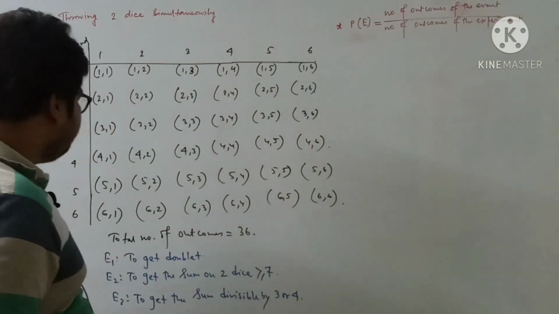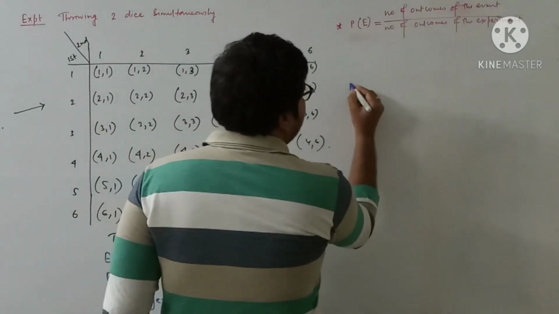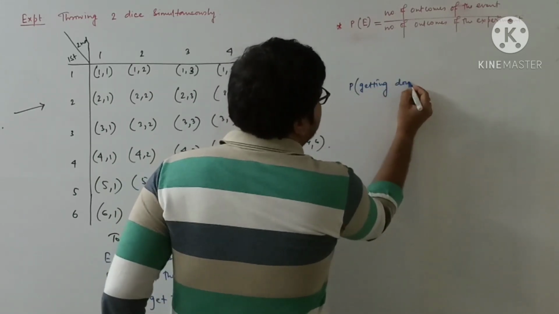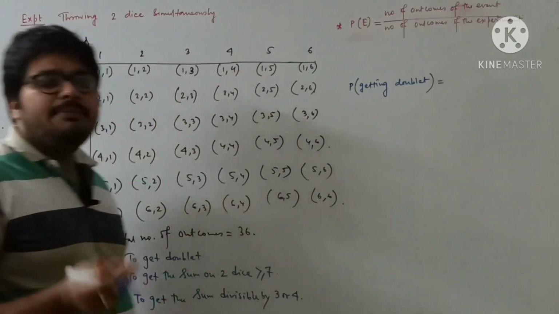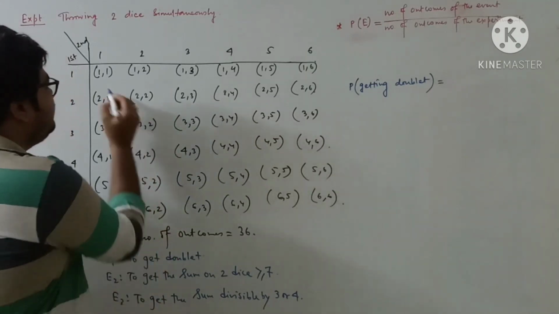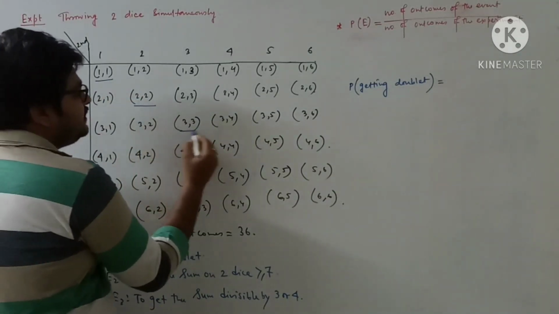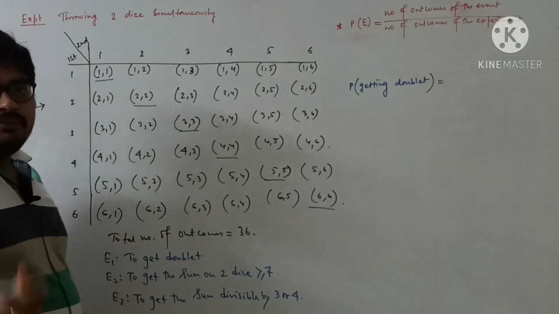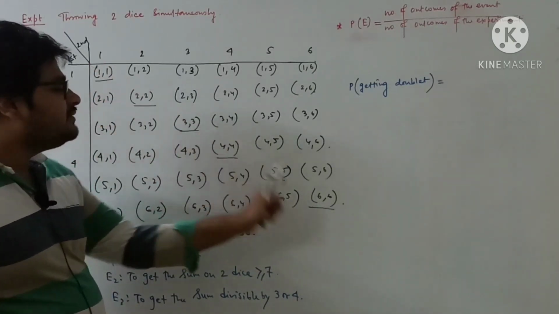So let's do the first one, to get a doublet. We are finding the probability of getting a doublet. What is the meaning of doublet? If both dice get the same number, that is called a doublet. Let's see: 1 1, both dice same number. 2 2, 3 3, 4 4, 5 5, 6 6. No more are there. Both dice have the same number in only these 6.